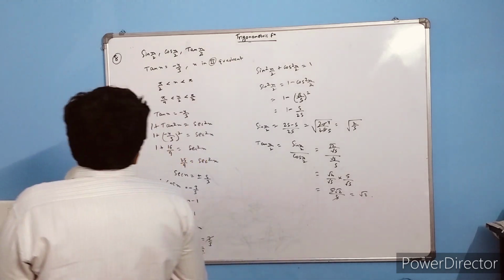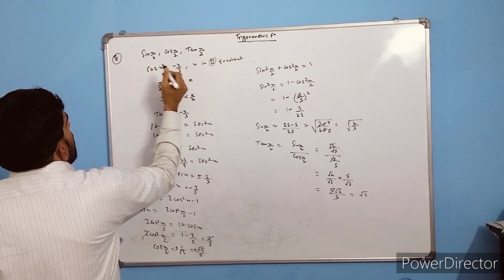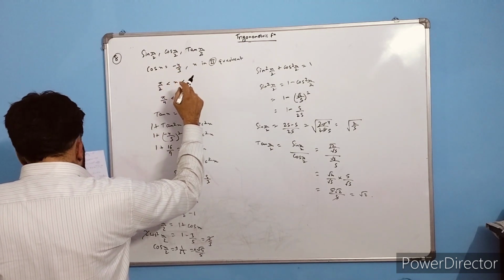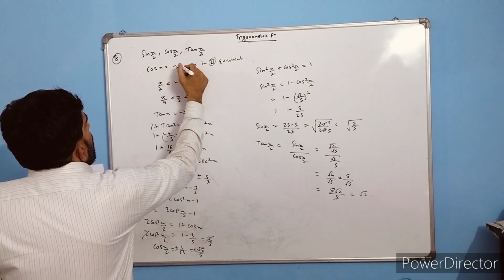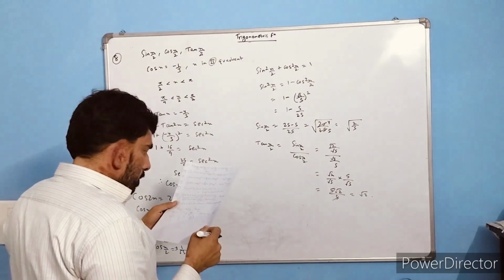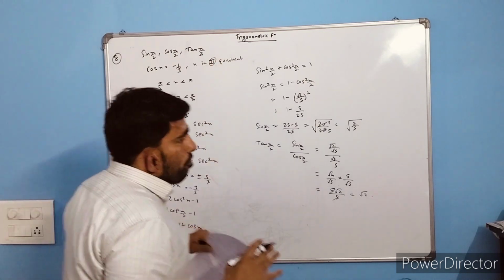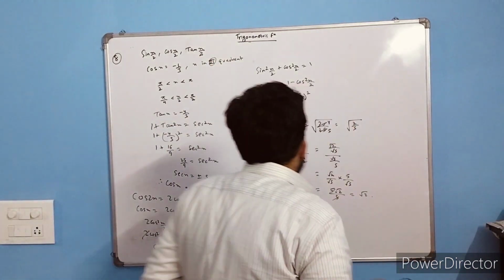Now they are asking about cos x. Cos x is given, that is minus 1 upon 3. And x is in the third quadrant, they are saying now.